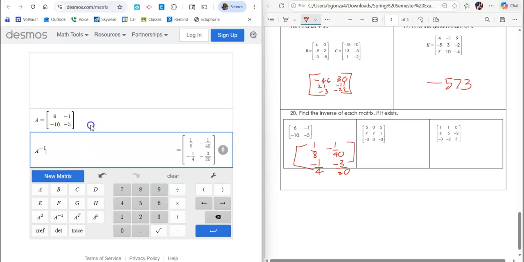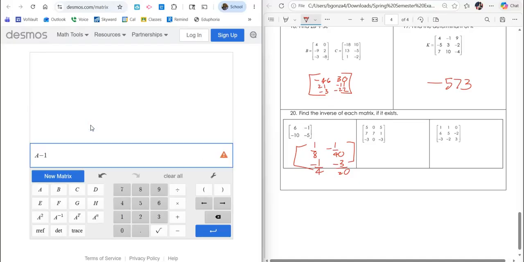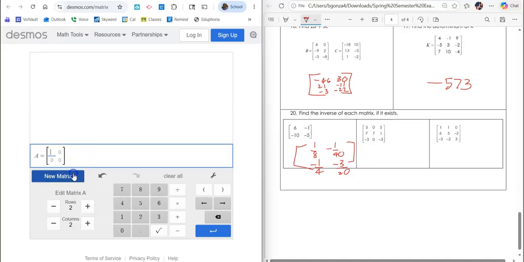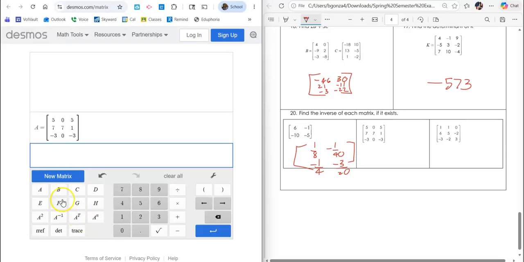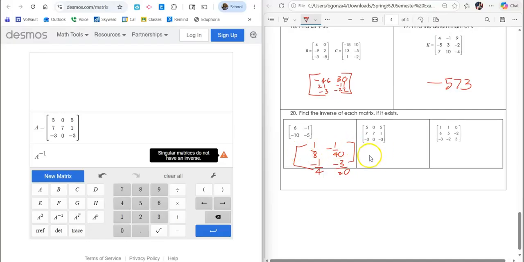Okay, let's do it. So this one says does not exist.